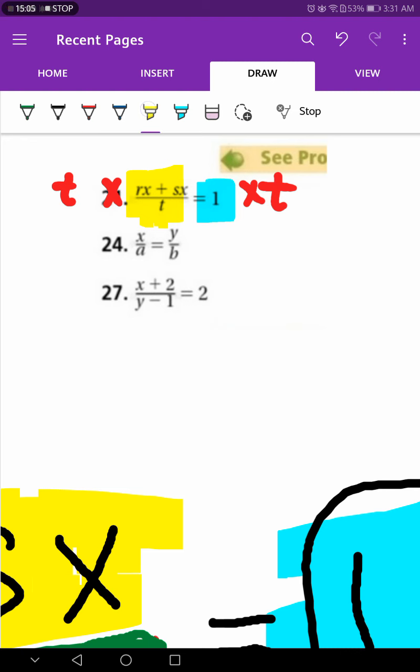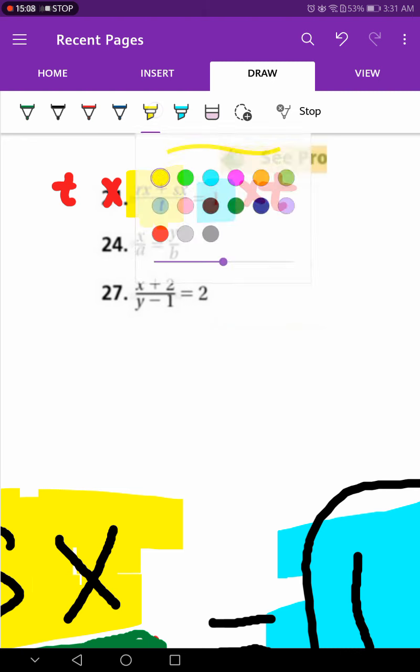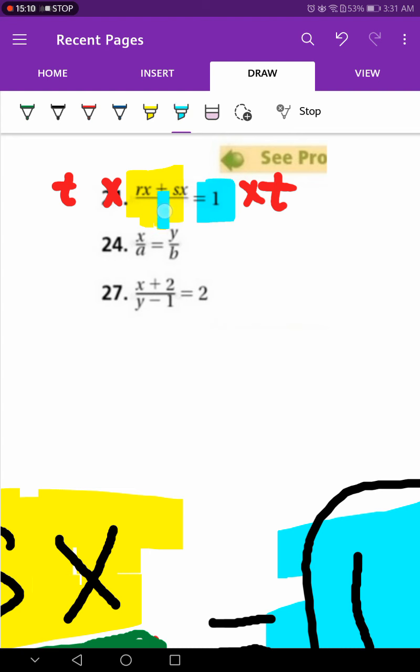Yes, if the term down here, which is t, is dividing the whole side, in this case the whole left side, you break the lock. I call this a lock pad, or padlock. Okay, so you multiply the left side by t and the right side by t.